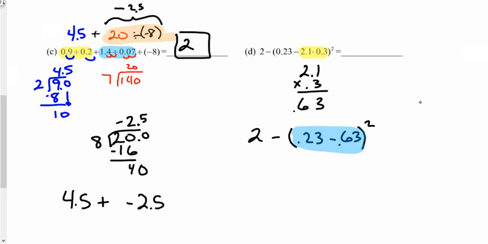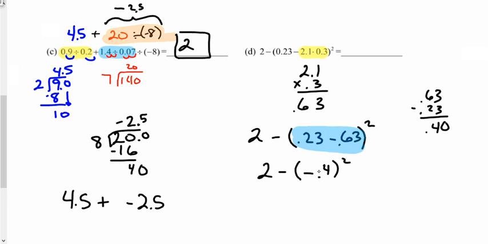Well, I'm going to do that by doing 0.63 minus 0.23. I'll just switch it around. That just gets me 0.4. 0.40 if you want to think about it that way, but I'm just going to leave it as 0.4. Now, because the bigger one is negative, I'm actually going to make this a negative 0.4 inside here.